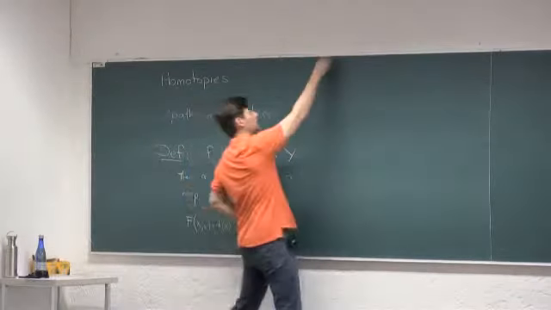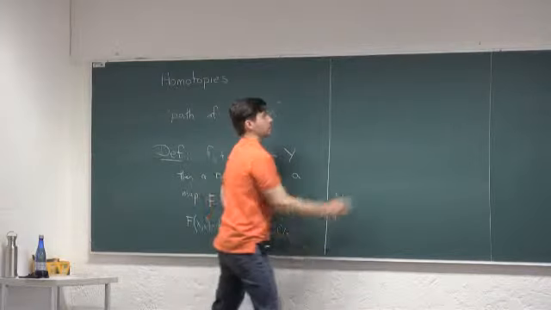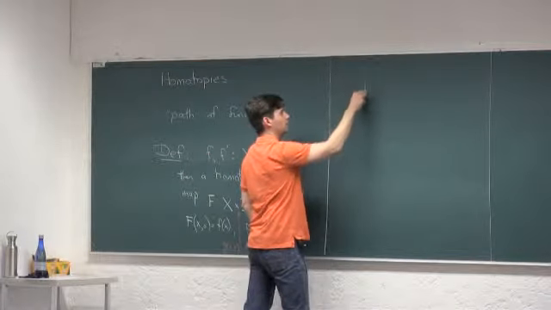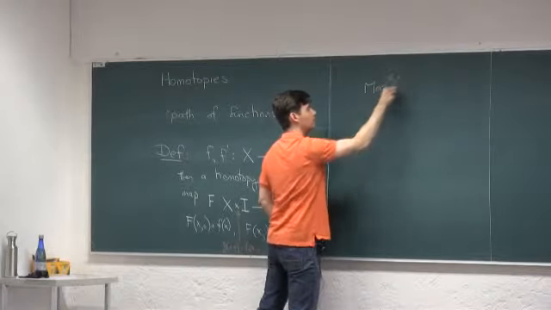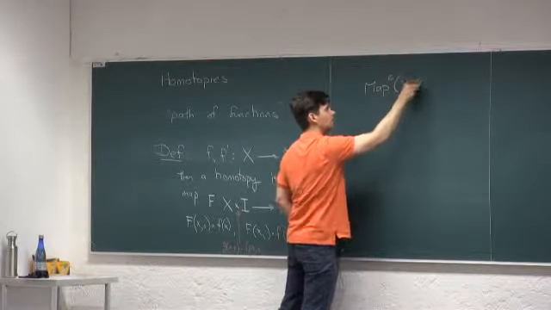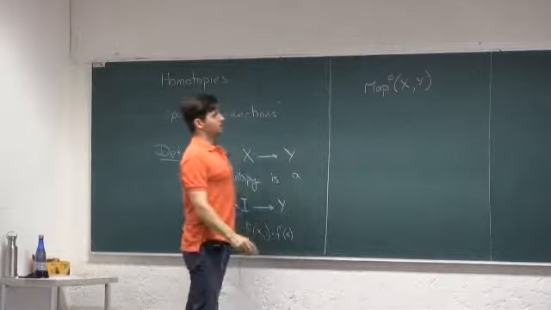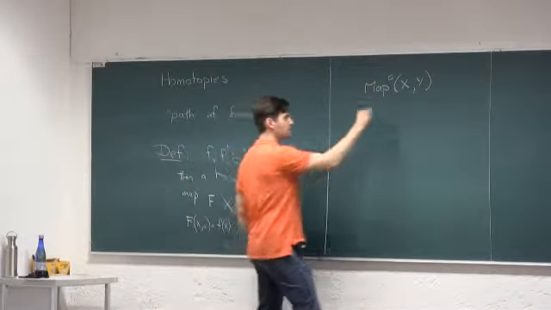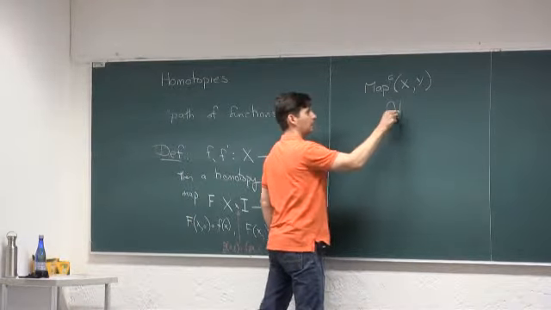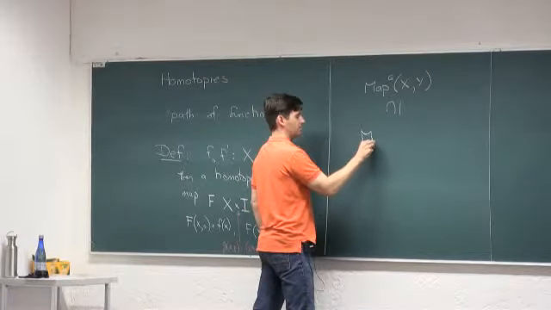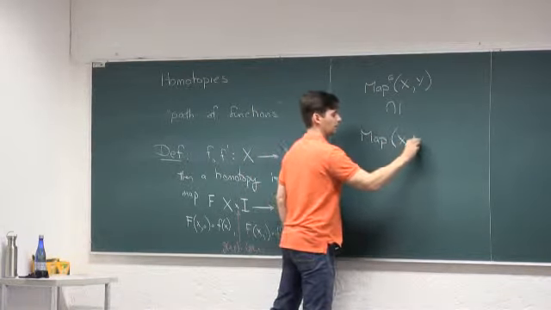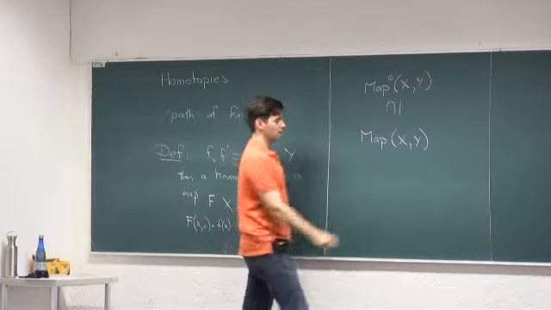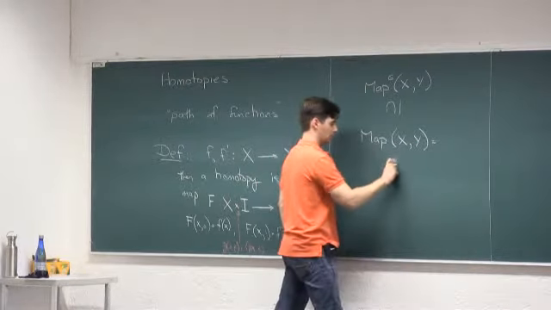And so the reason is as follows. If I look at the G maps from X to Y, well, this sits inside the collection of all maps from X to Y. So this is just all continuous functions.